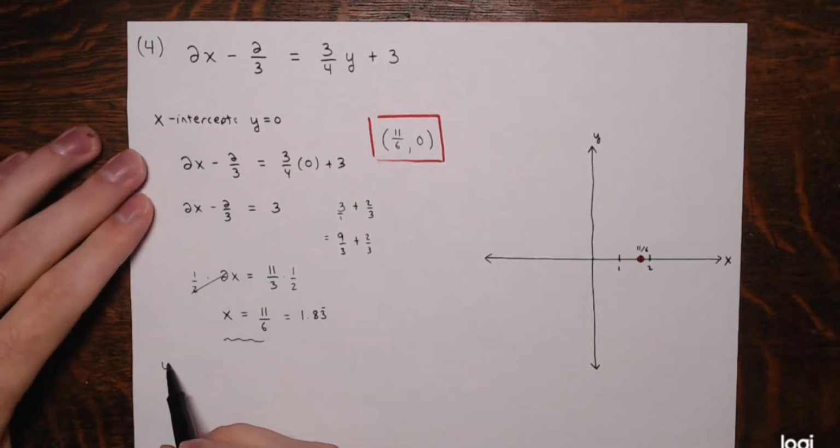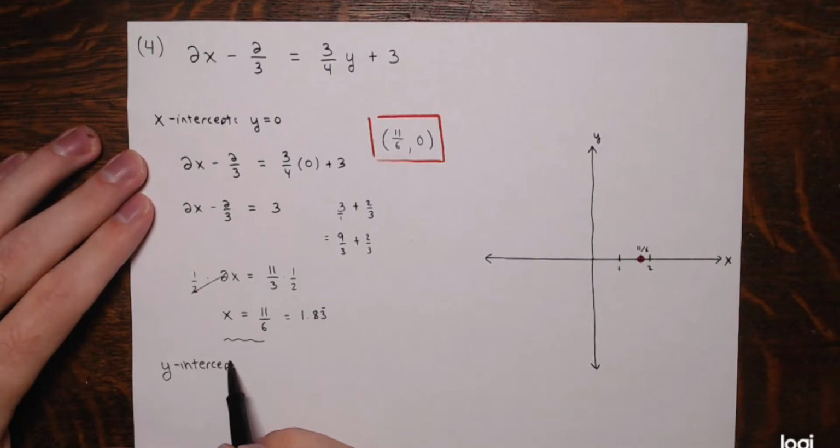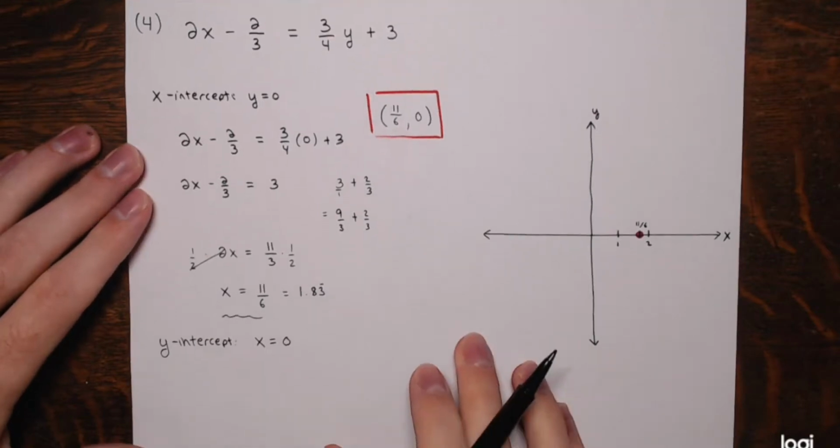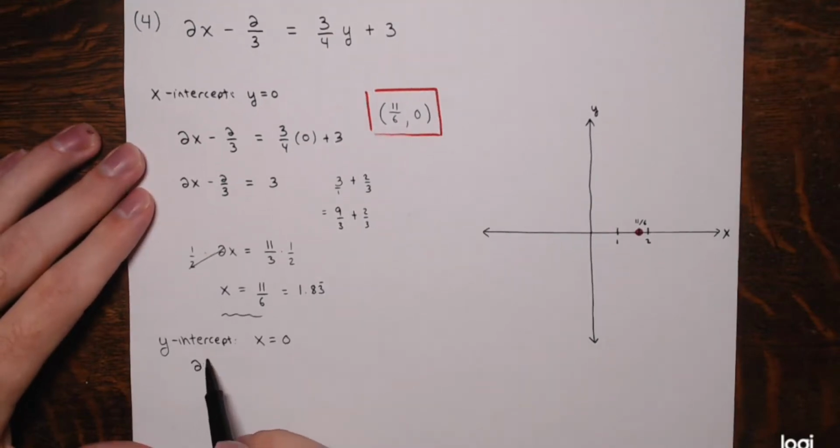Alright, and then for the y-intercept, remember I'm replacing x with 0. So on the left side you have 2 times 0 minus 2/3 equals, and then on the right side 3/4 times y plus 3.